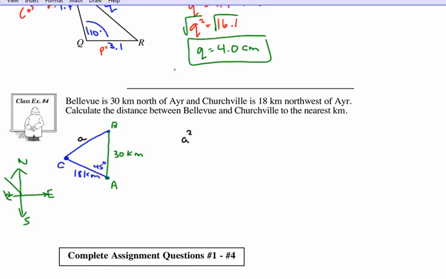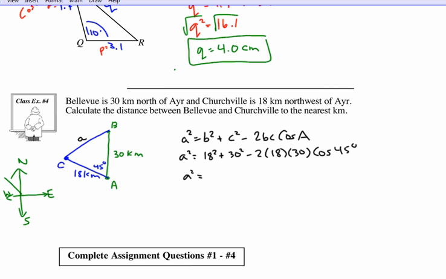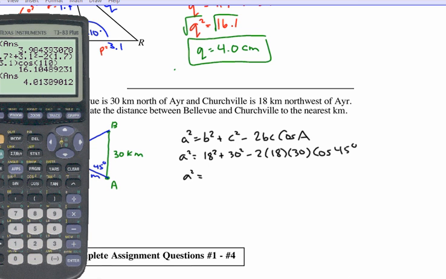So again, our formula is a squared is equal to b squared plus c squared minus 2bc cos A. So a squared is 18 squared plus 30 squared minus 2 times 18 times 30 times the cos of 45 degrees. Plugging that in gives 460.